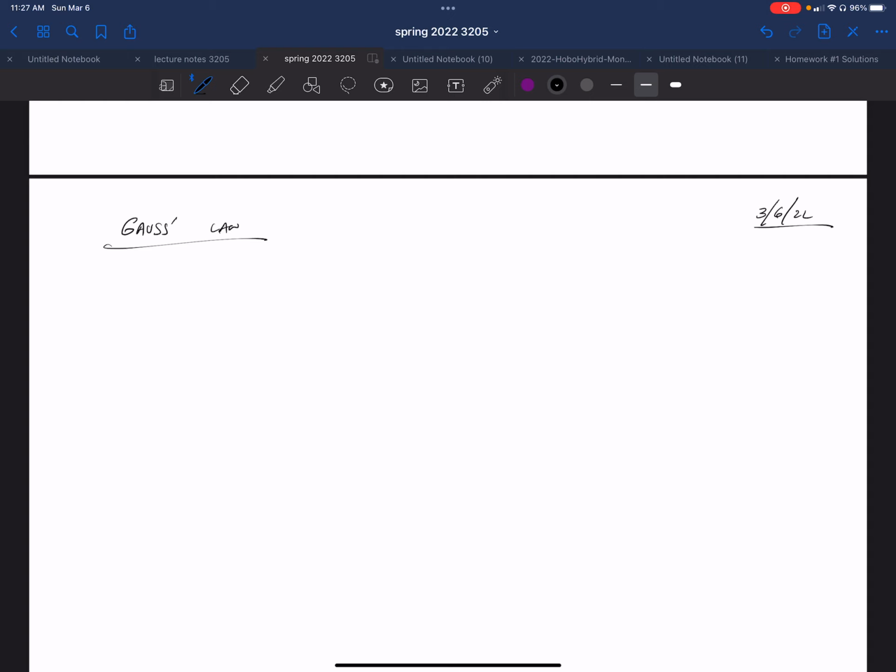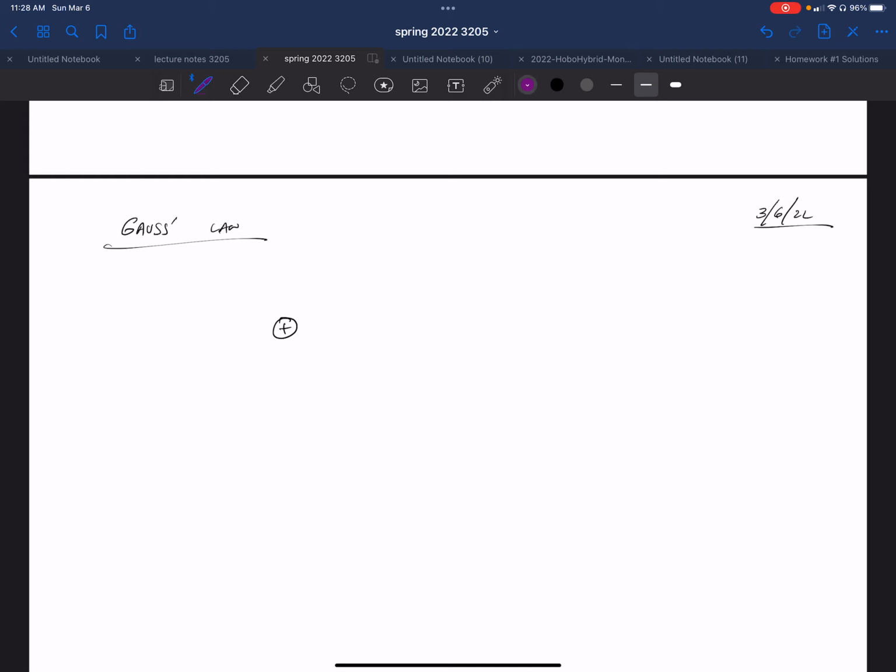The first thing I wanted to say about Gauss's law is that if you forget about the equations for a second, I think it's fairly easy to visualize what it means. Let's start with a simple concept of just a charge, and try to draw the lines of force coming out of this unit charge.